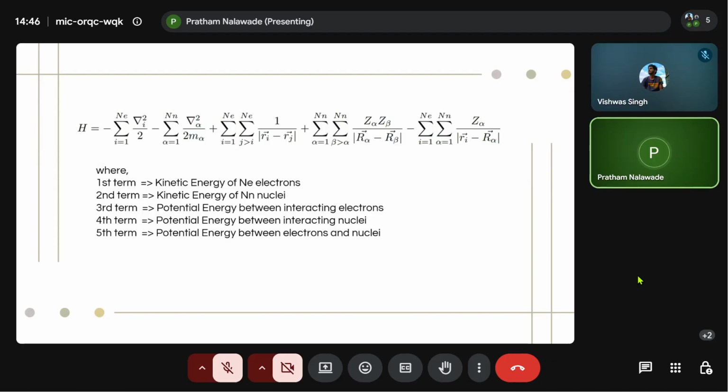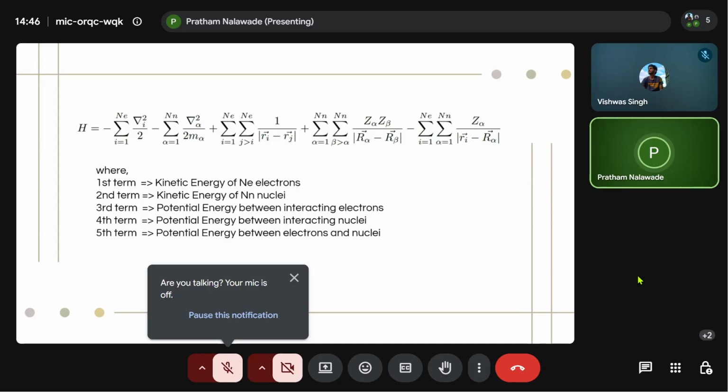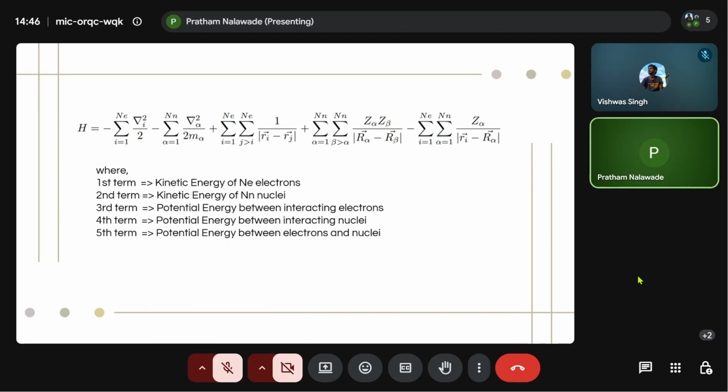So that term is out, and another term I can drop is the potential energy between the two nuclei. So if both the nuclei are the same, like in a homogeneous system, and they all interact exactly the same everywhere, we don't have to actually calculate that term if we want to know the electronic structure.